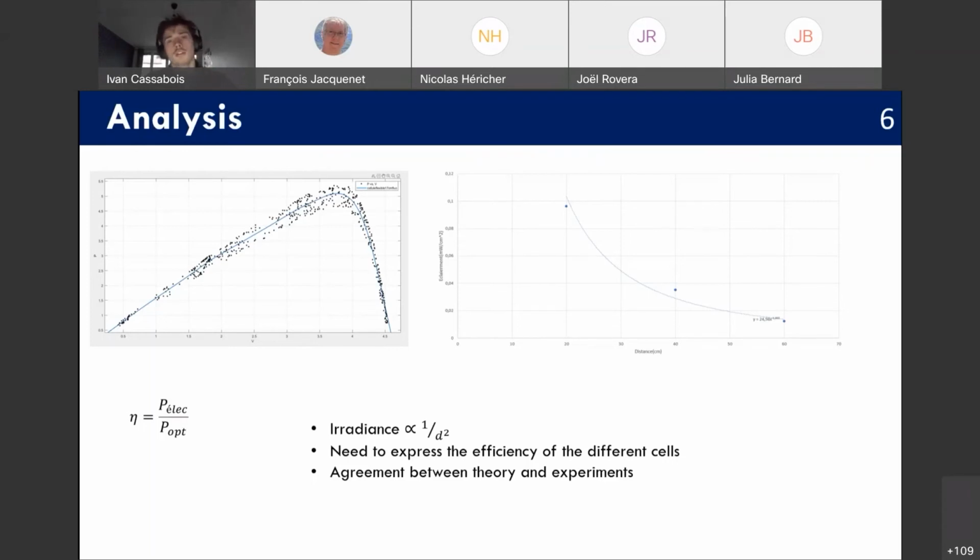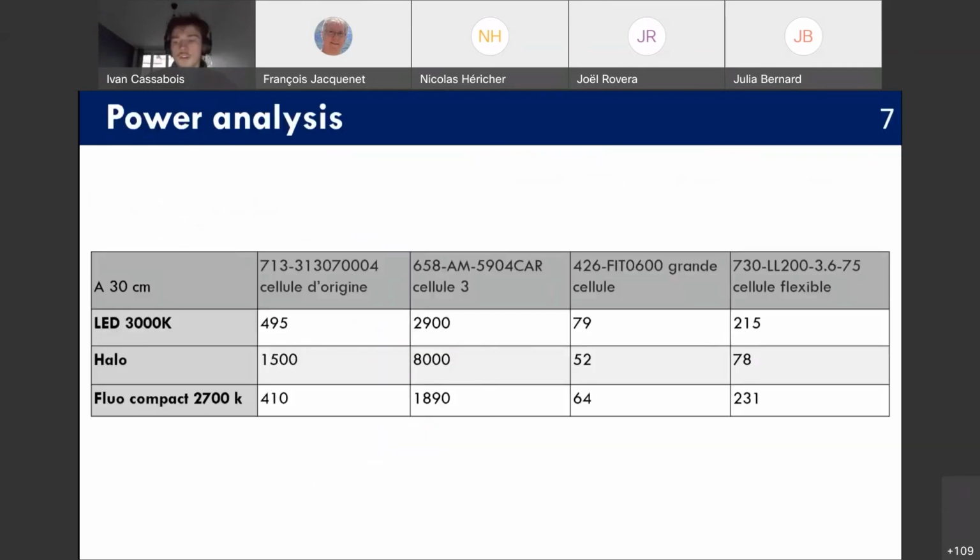And we made a table which gives a little view about how much power is produced by the cells. This table can give us an idea about which cell is the best and which source is the best.